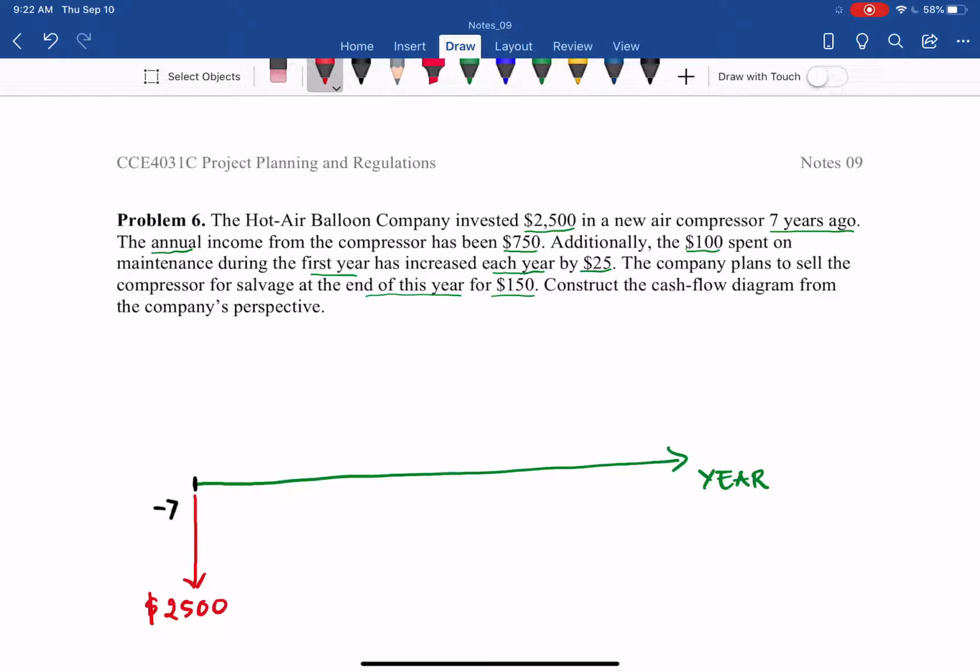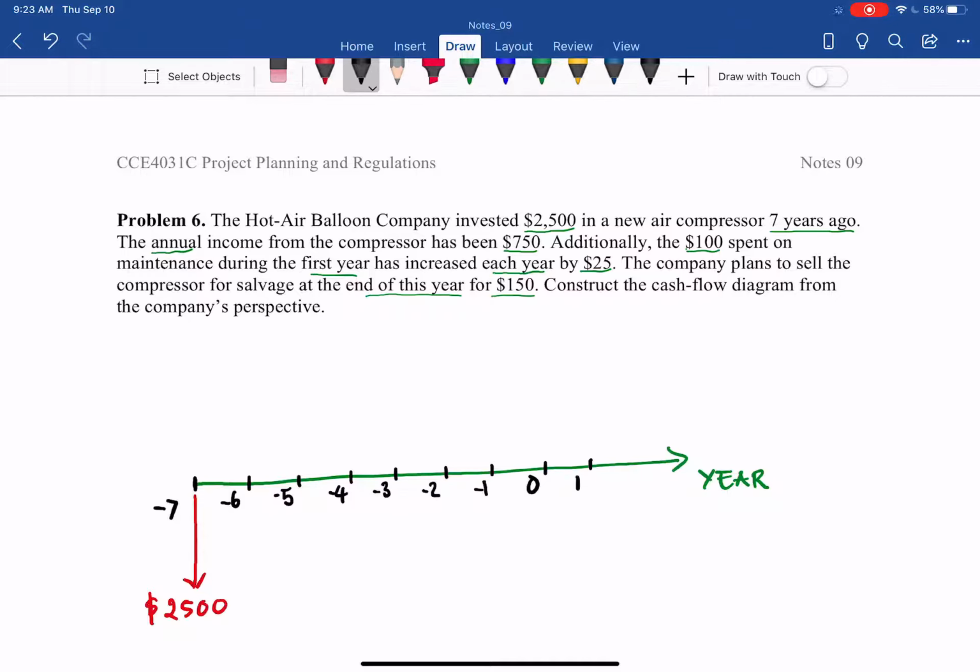So you go forward: negative 7, negative 6, negative 5, negative 4, negative 3, negative 2, negative 1, 0 now, and at the end of this year, 1. So that's what we do for the time scale.